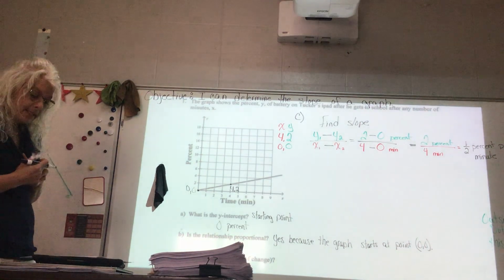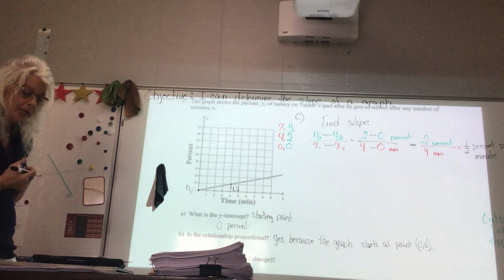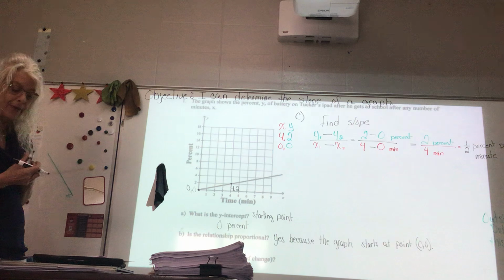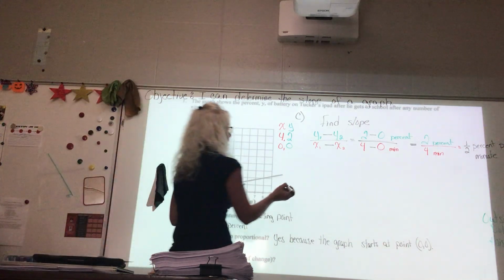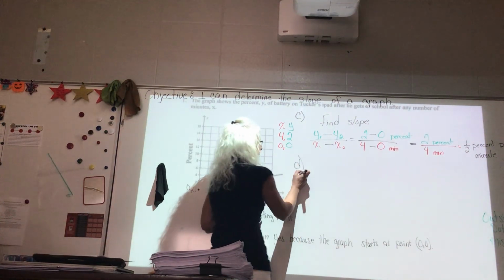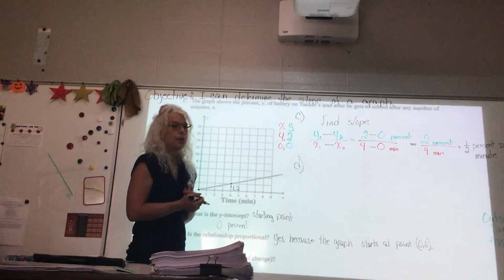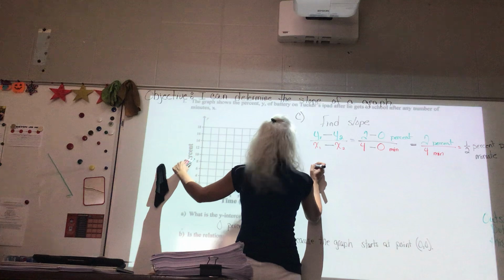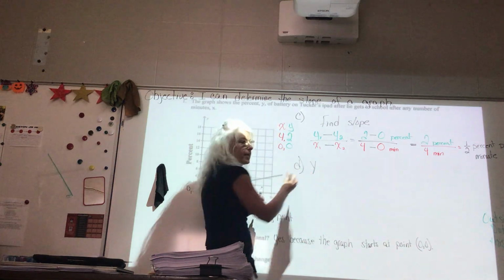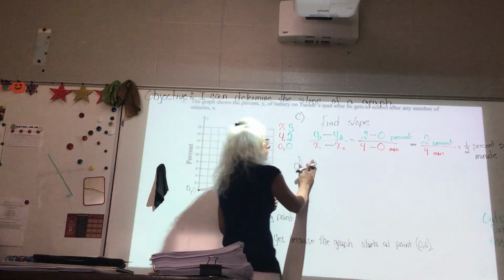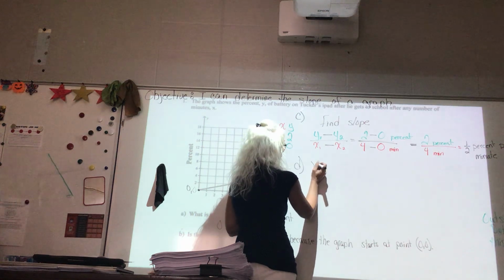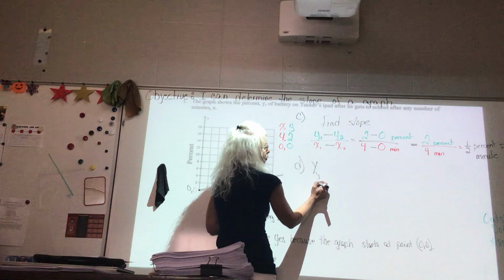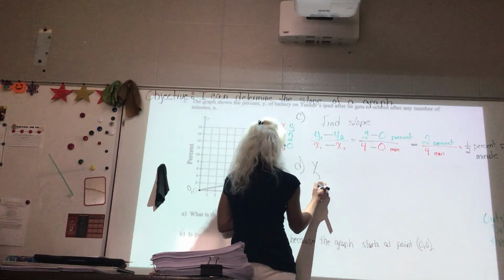On part D, it says write an equation to represent the percent of battery on Tucker's iPad after any number of minutes, and I'm gonna do part D up here, so I can keep all this written on the board. So, his percent, we can use Y. Y stands for, what's on the y-axis?